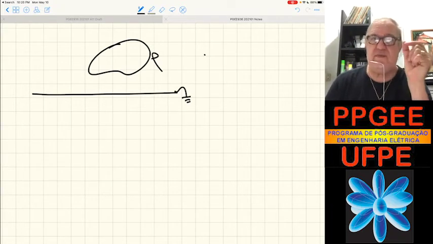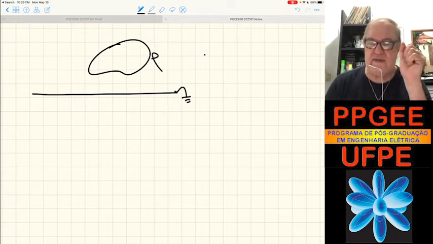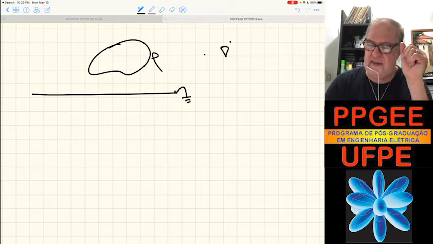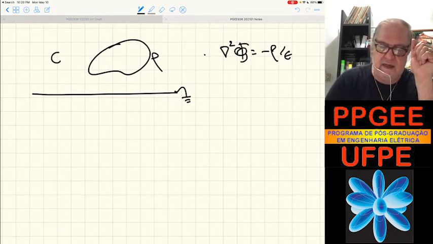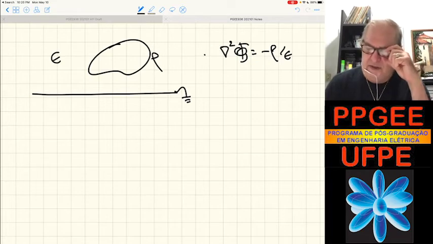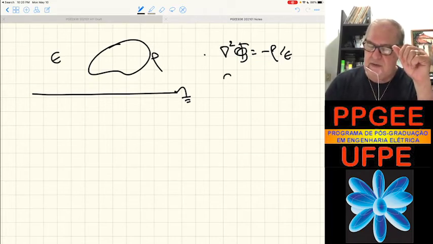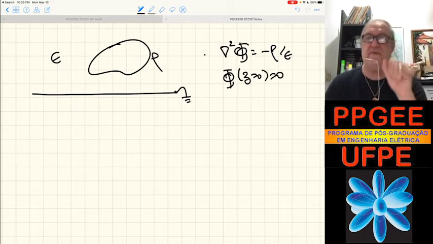I have solved Poisson's equation for a grounded surface. So we have the solution of this problem, immersed in a homogeneous medium, subjected to the condition phi equals 0.